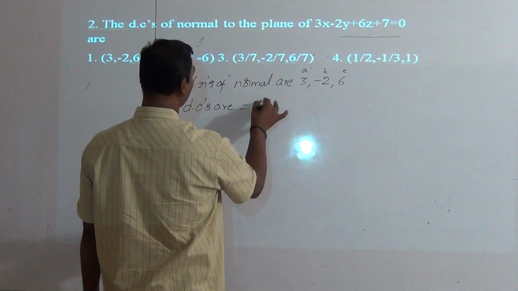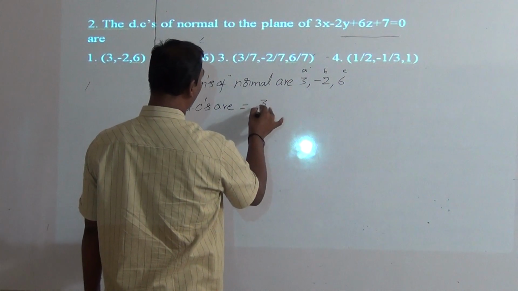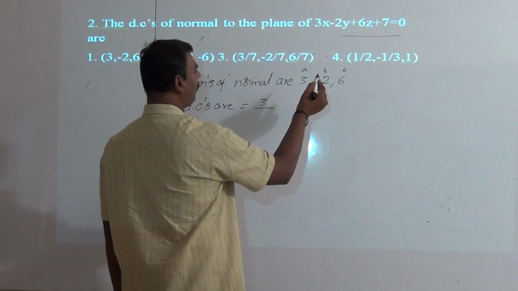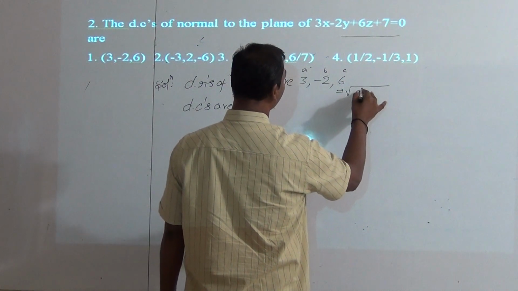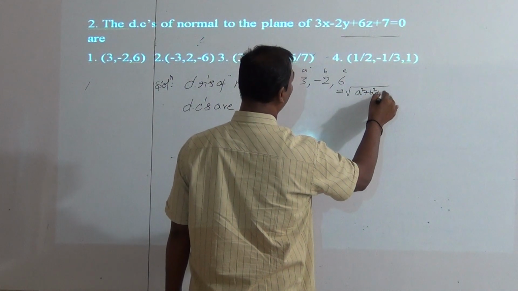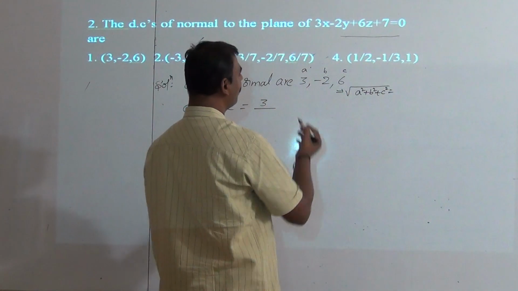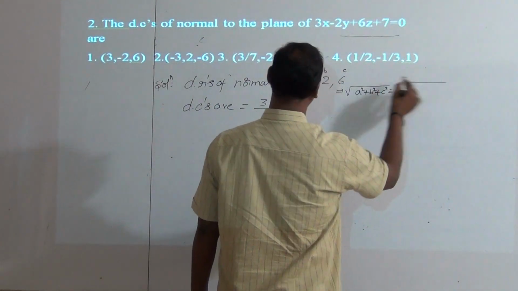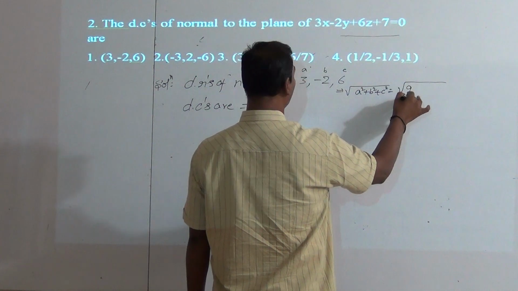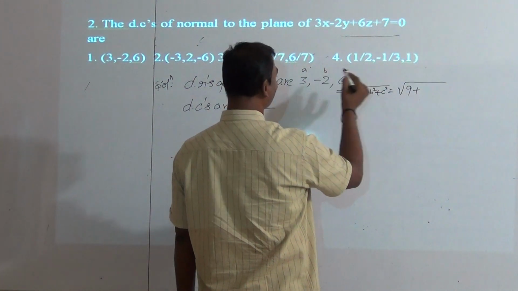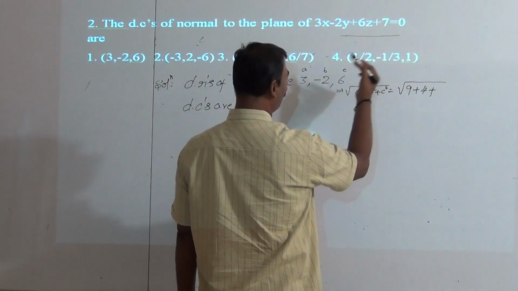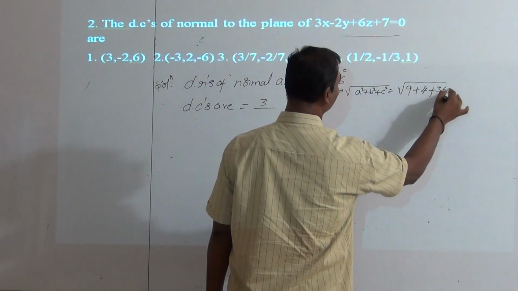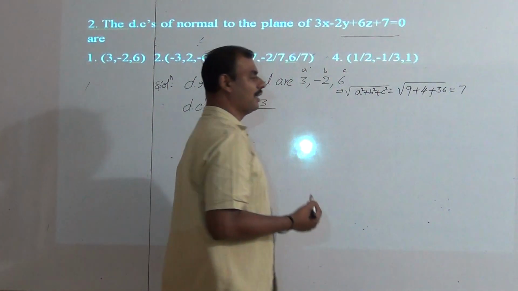Apply the formula. A value 3 upon. If you have any doubt, first find the square root of a square plus b square plus c square. Very easy. Square root of 9 plus minus 2 whole square is 4, plus 6 whole square 36, equals 7.